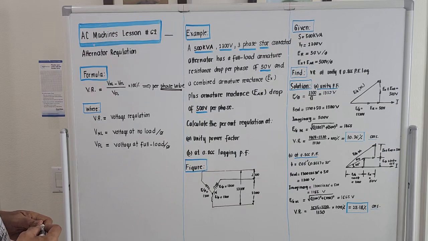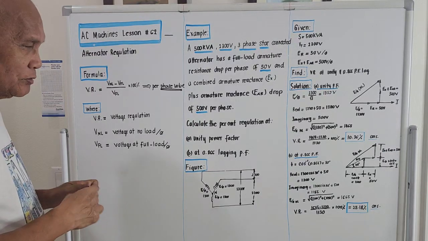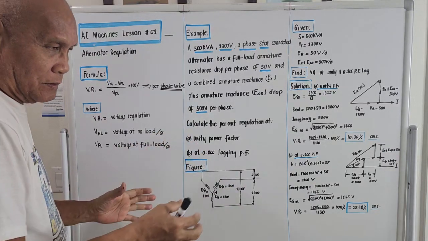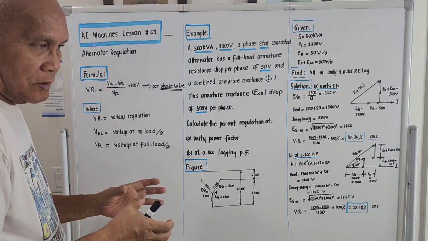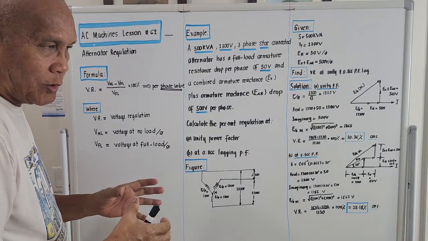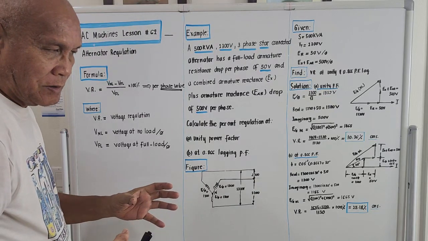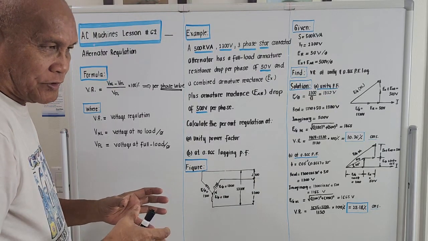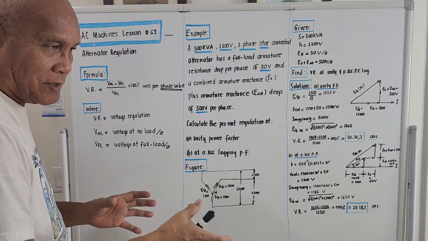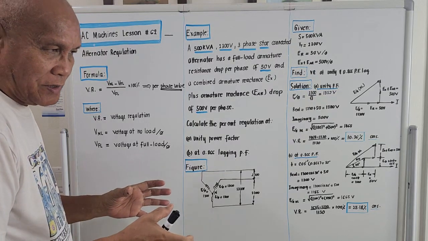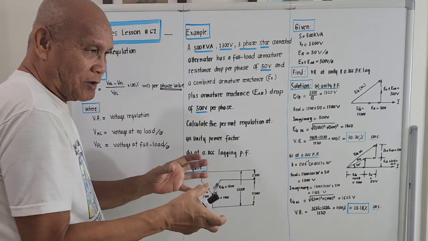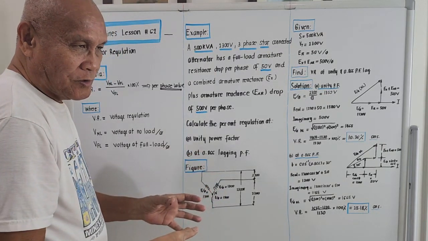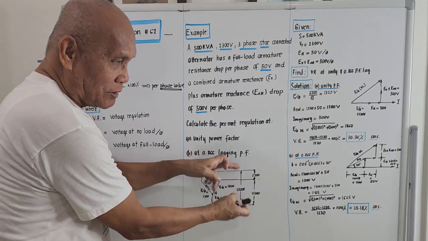Of course, when a generator is operating and the terminals are open, there will be no load connected at the terminals. The resulting current will be less, so the voltage drop on the armature will be less. So actually, the terminal voltage at no load is actually high.